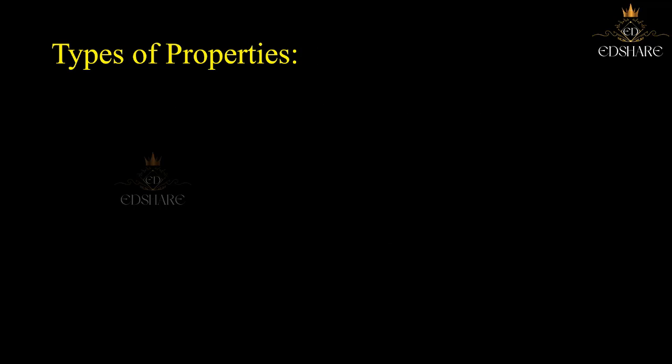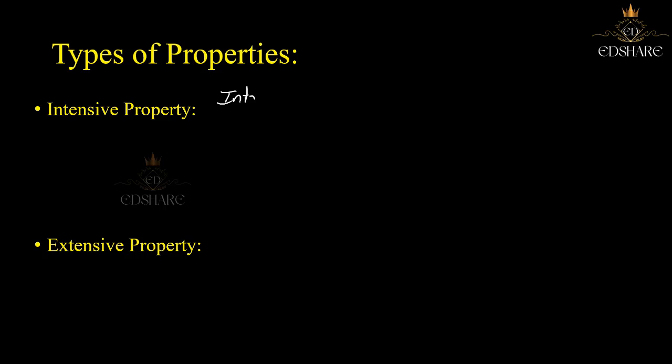When it comes to the types of properties, there are two different types: intensive property and extensive property. Intensive property can also be called an intrinsic property, whereas extensive property can also be called an extrinsic property.